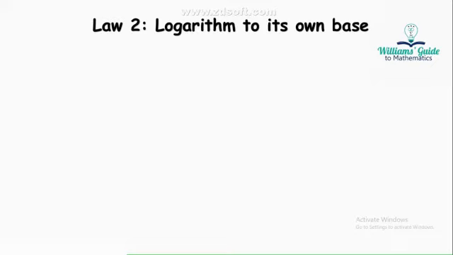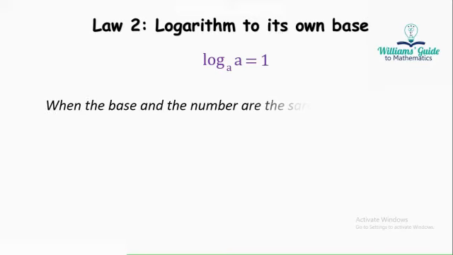Law 2, logarithm to its own base. Log a to base a is equal to 1. When the base and the number are the same, the result of the logarithm is 1.